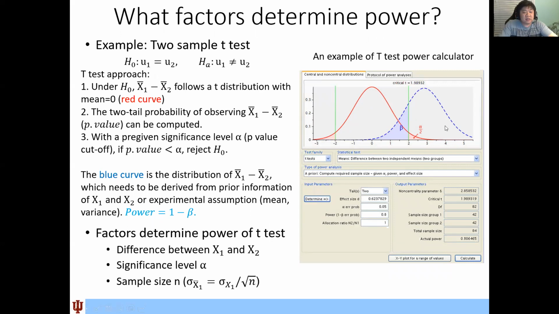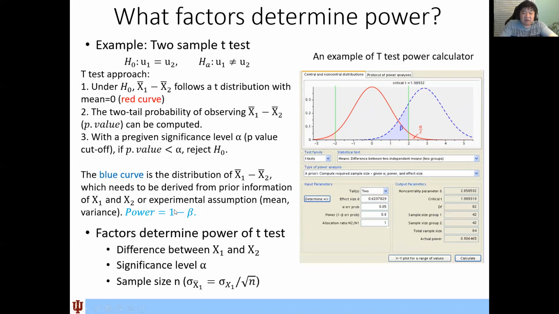So here there's another line, a blue curve, which is the distribution of x1 bar minus x2 bar that needs to be derived from prior information of x1 and x2 or experimental assumptions, like the mean or variance of x1 and x2. And here, what is the power?